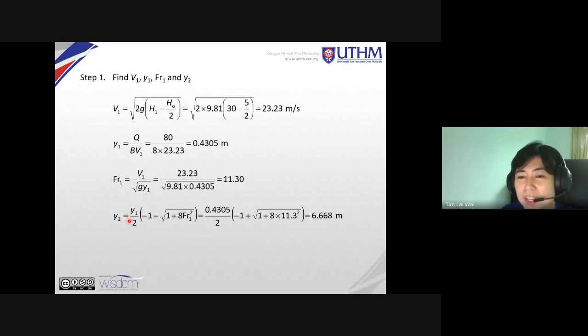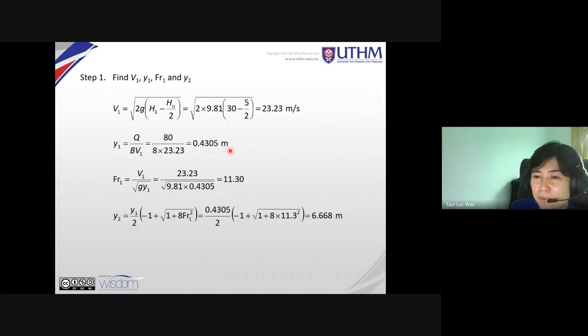Y2 using the conjugate depth equation, you have solved it as 6.668. Now, one thing that you have to know is Y2 is definitely greater than Y1, because the flow at Y2 has less energy than the flow at Y1.